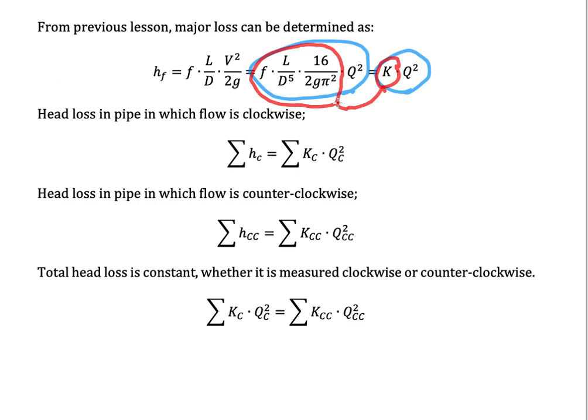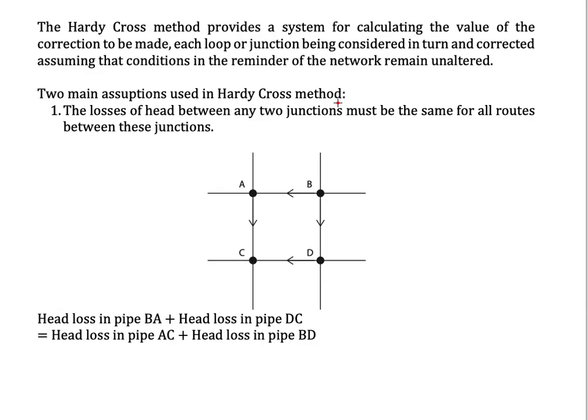Because we have a situation like this, if we calculate the losses counterclockwise, from here, we add head loss from this direction to this direction, to this direction and to this direction, it must be equal to the summation if we add them in another direction, here to here to here and to here.